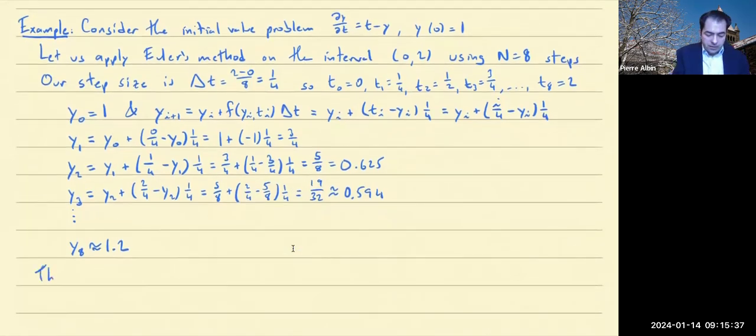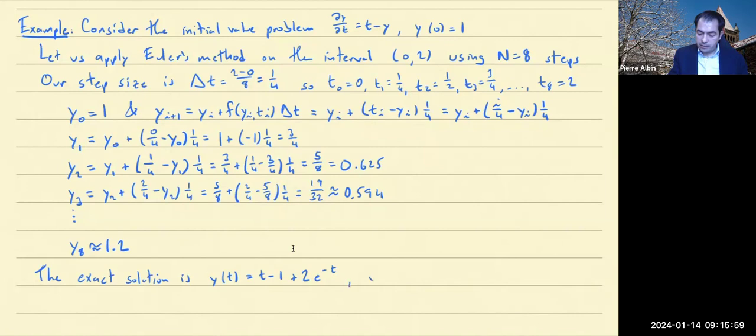In this case, the differential equation is simple enough that we can write down the exact solution. The exact solution is y(t) = t - 1 + 2e^(-t).